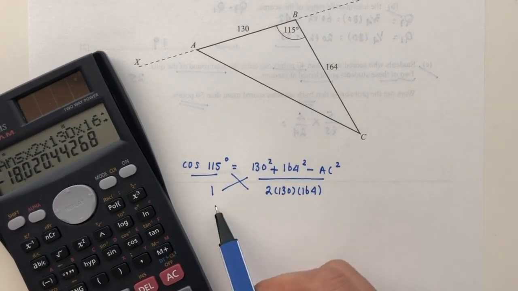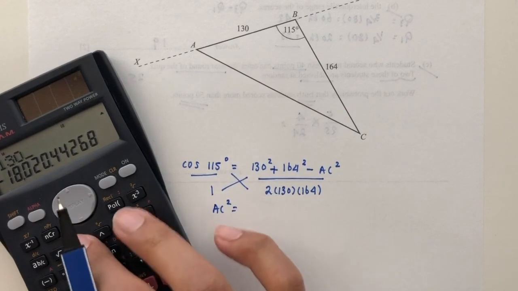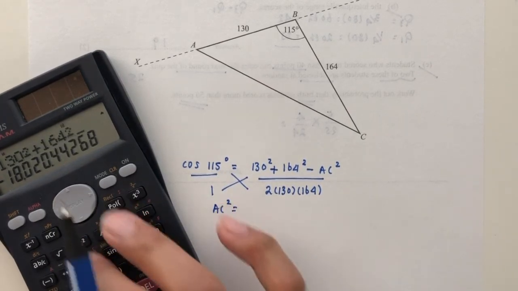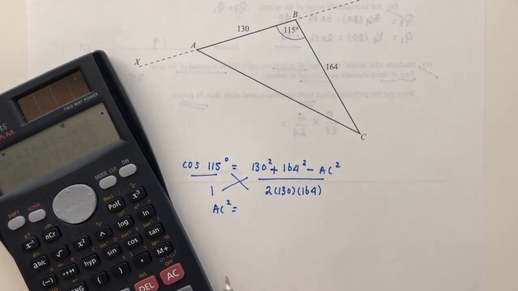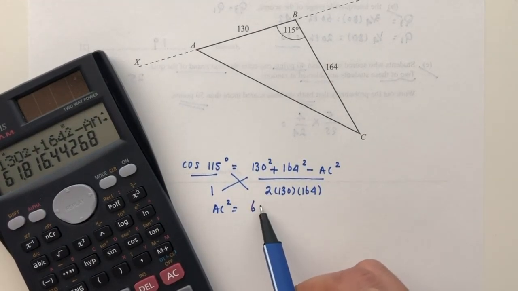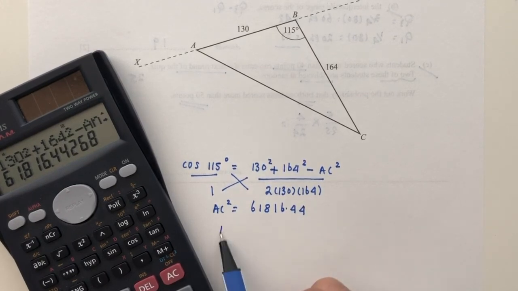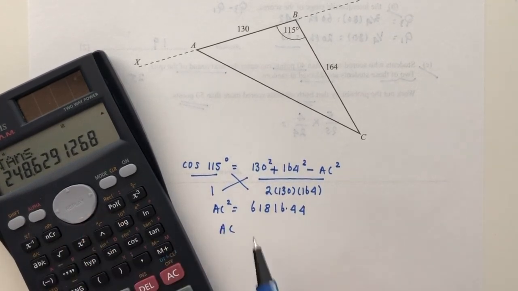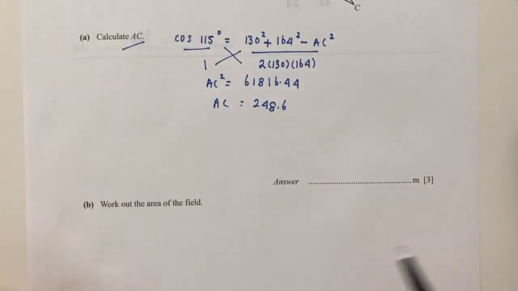And then if you want to make AC squared the subject, you have to do 130 squared plus 164 squared, and then send this one over here, which will be minus the answer. That will be 61816.4. So AC will be the square root of that. You will get 248.6. That's the value for AC.